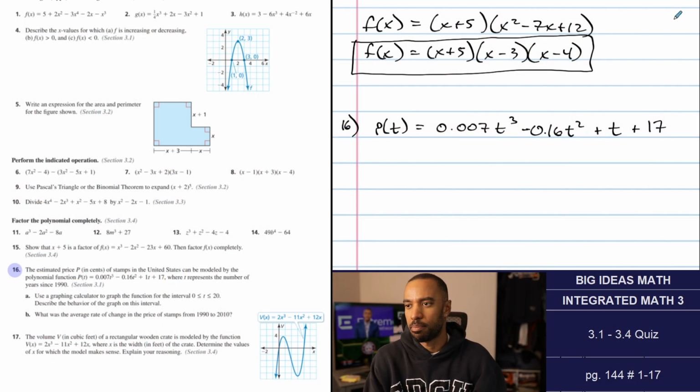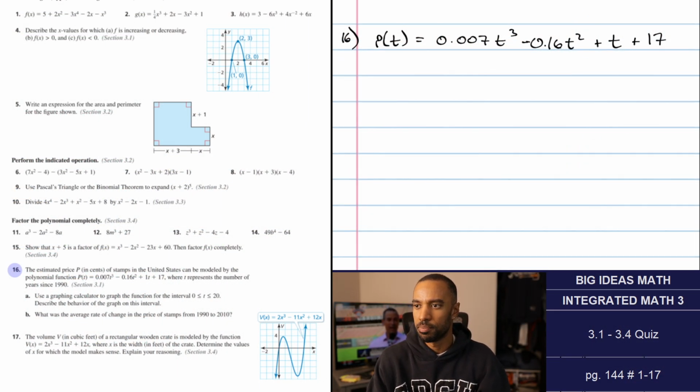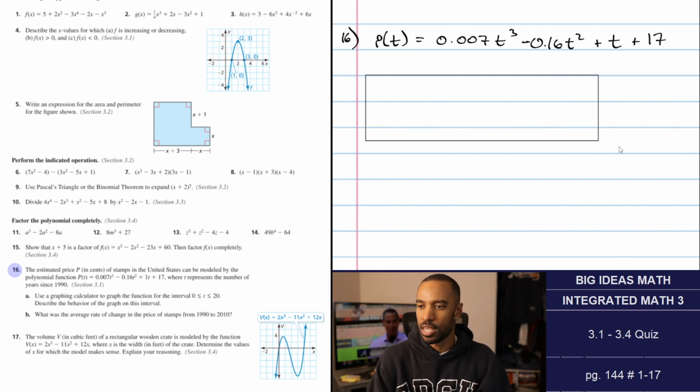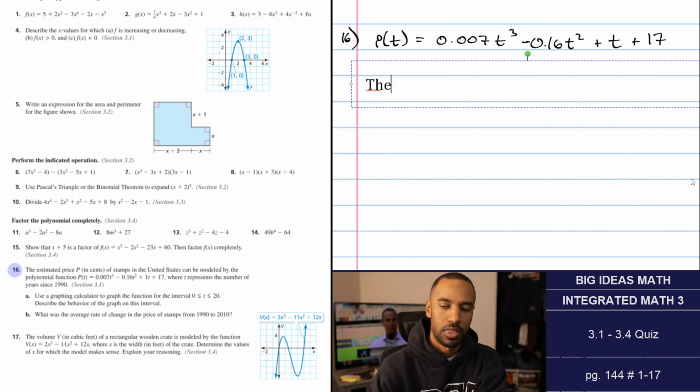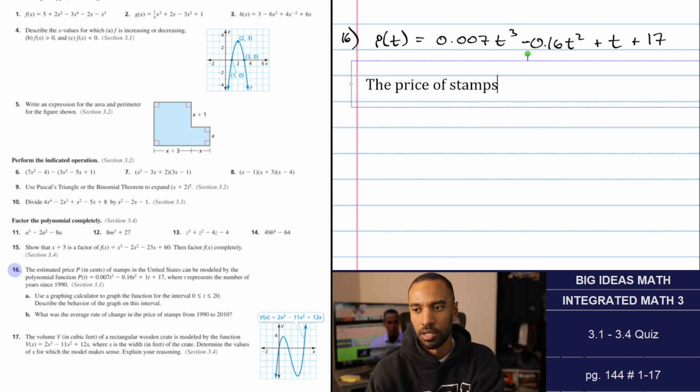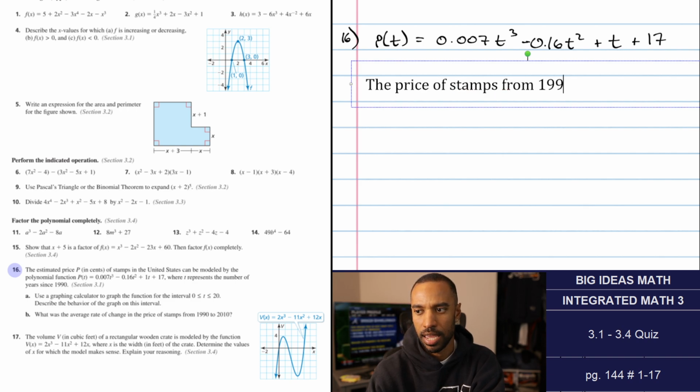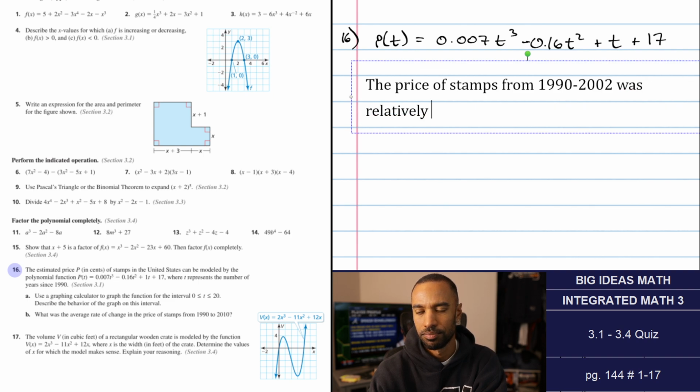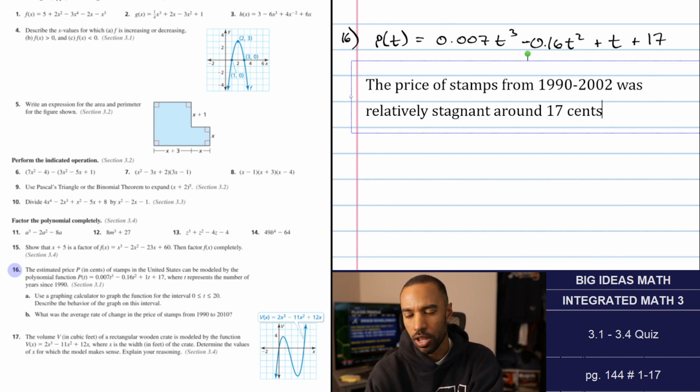Okay, next time type the thing in the calculator correctly, will you, Mr. Robinson? Anyway, with this thing here, we can say the price of stamps from 1990 to 2002 was relatively stagnant, around 17 cents. I mean, it went a little up, a little down, but it wasn't much, right? But the plus 17 again is there.